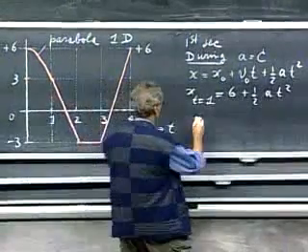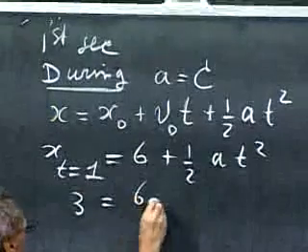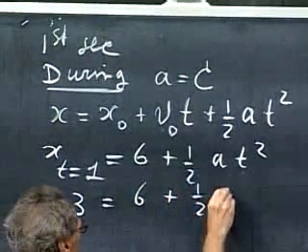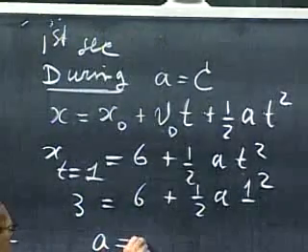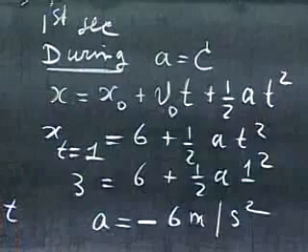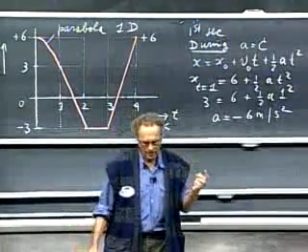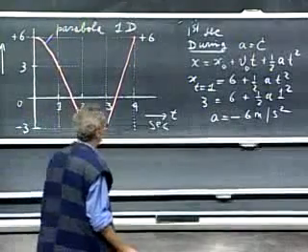And so when it is at 3, I have 6 plus 1/2 a times 1 squared. And so you'll find that a equals minus 6 meters per second squared. So during this first second, the acceleration is minus 6 meters per second squared.